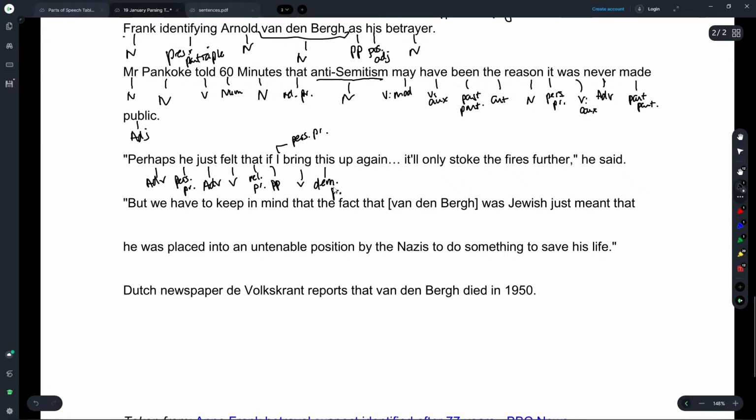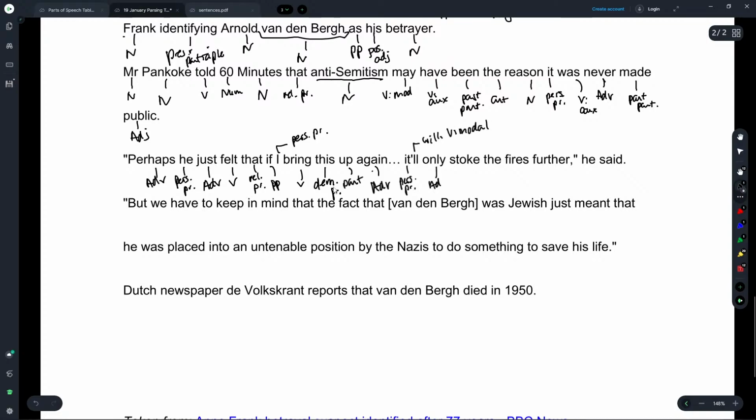Up, preposition again. Oh, no. We would say up is in this case a particle because we're creating a phrasal verb, bring up. Again, adverb. It, personal pronoun. Apostrophe LL is, of course, will, and that's a modal verb.